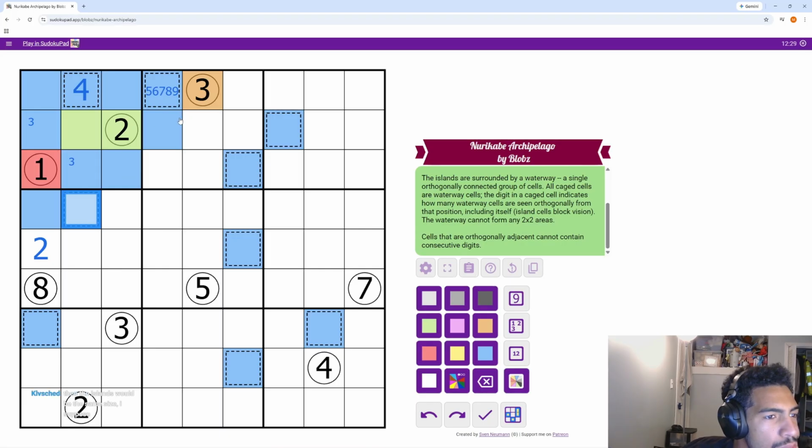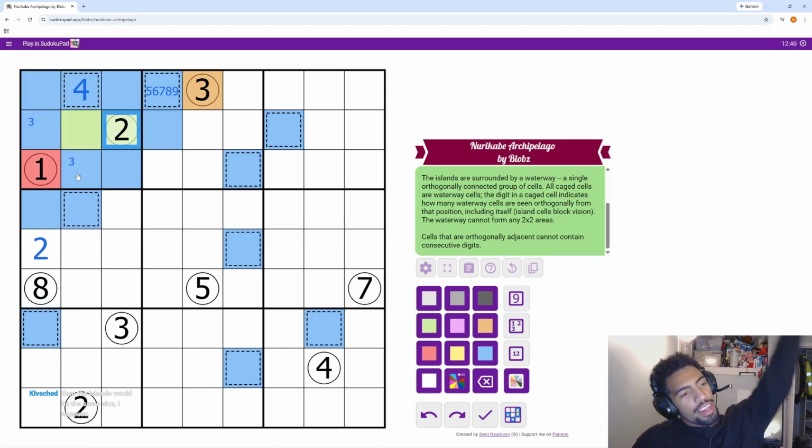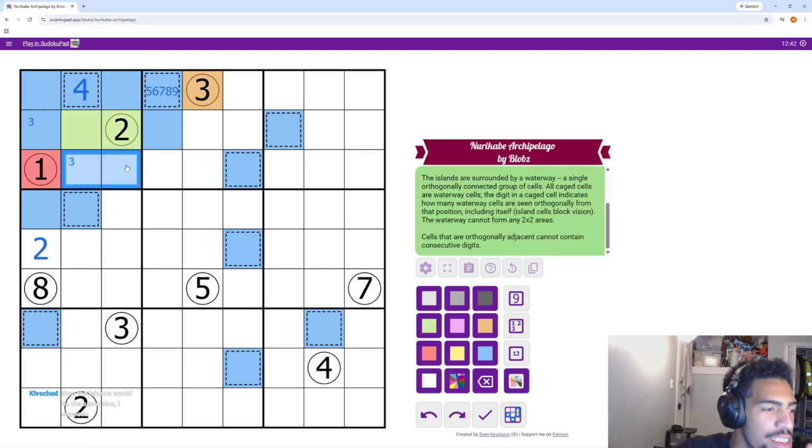But if... oh, the islands can be the same size. Yes, true. You're right. So the islands are truly islands and are surrounded orthogonally by blue cells.